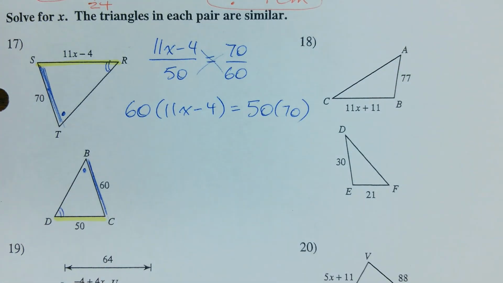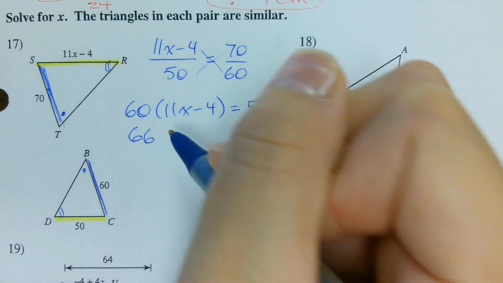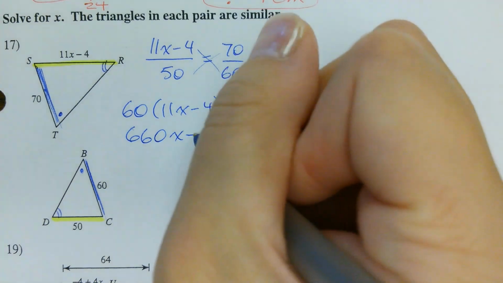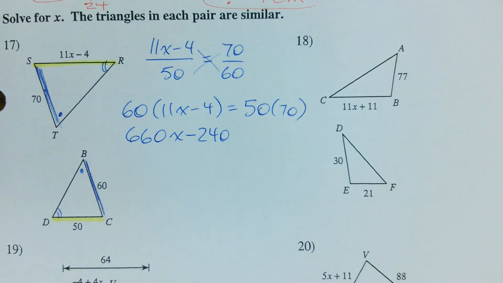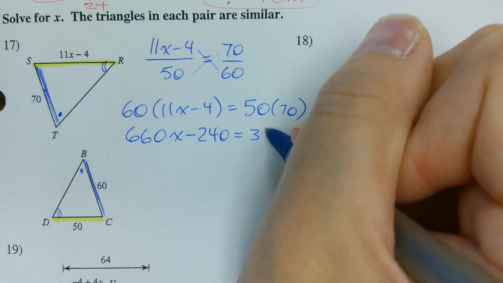So you have 660x minus 240 equals 3,500.